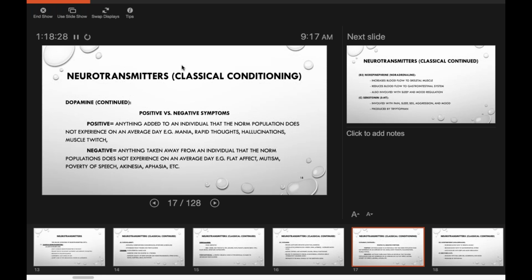If you come in cheerful and that's your baseline and I remove that and now you're flat affect, that's a negative symptom. I'm removing something from your baseline. So a lot of people think positive symptoms are good and negative symptoms aren't good. No, it's just the origin of how they work. And I'll explain that when we get into some of the medications we'll talk about.